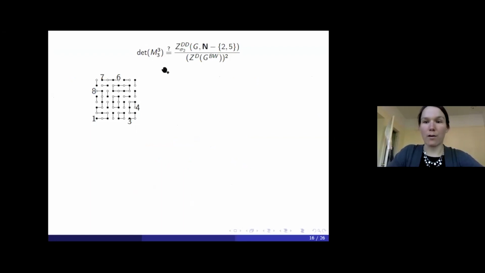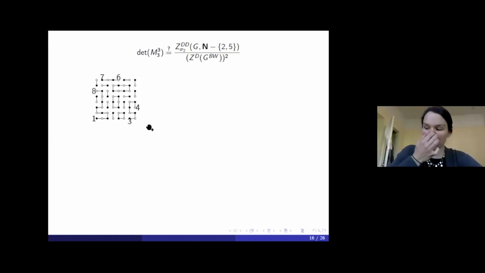So what we need to show is that this is equal to the number of double dimer configurations on the node set where 2 and 5 are no longer nodes with this pairing, divided by this ZD GBW squared factor.